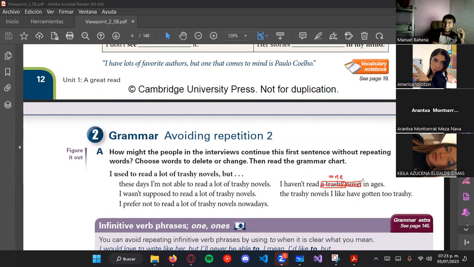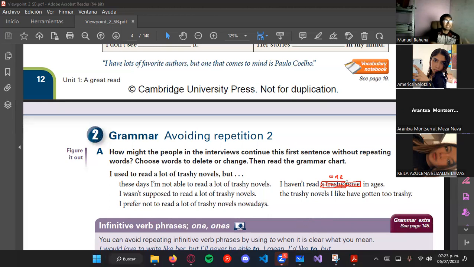Which replaces this, a trashy novel, que sustituye esta parte de a trashy novel, and we say, I haven't read one in ages. No he leído una en años, en siglos, in ages. En mucho tiempo. All right? ¿Sí, chicos? Yes, teacher.